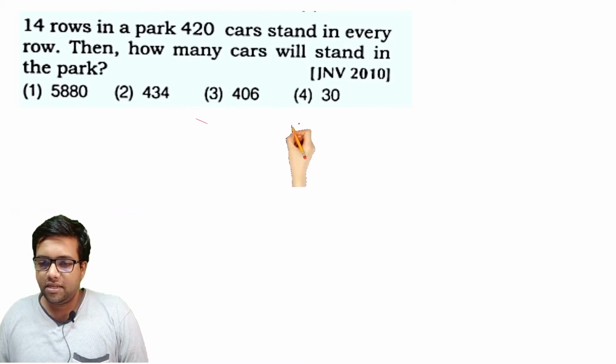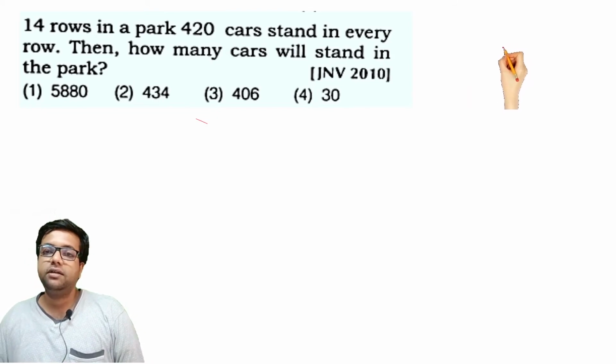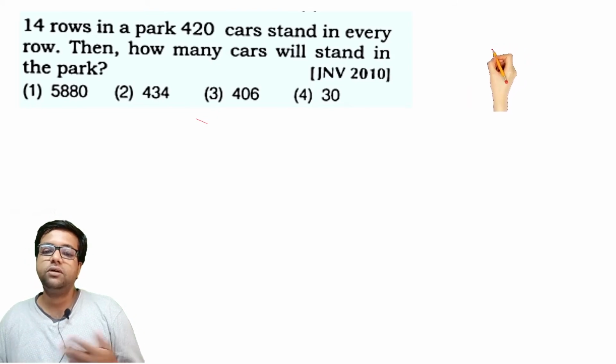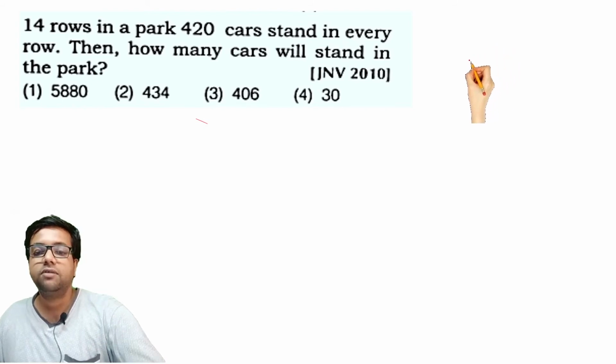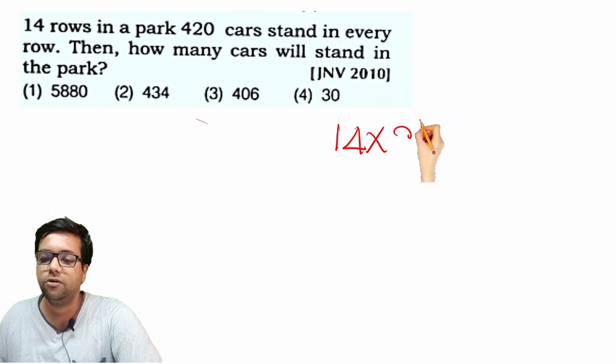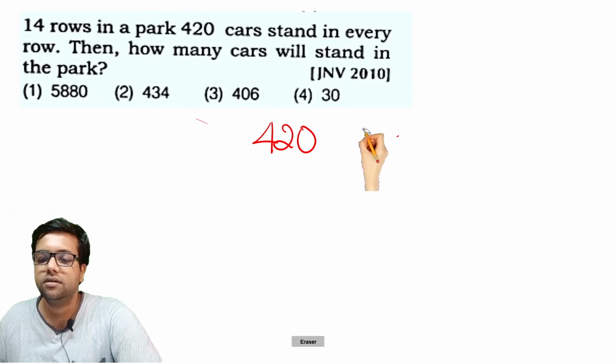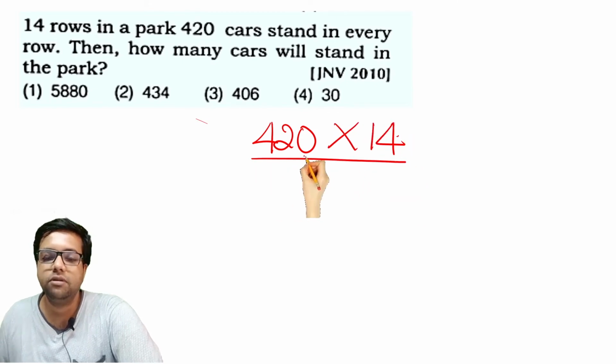So there are 14 rows, and in every row there are 420 cars. In order to know the total number of cars, what will you do? Each row consists of 420 cars, so you will multiply the number of cars with the number of rows, 14 rows. That will be your answer.